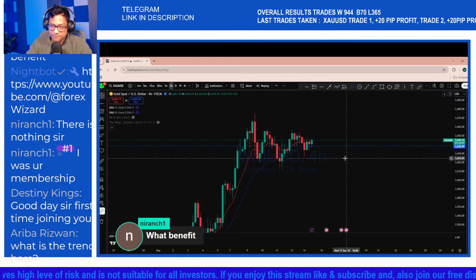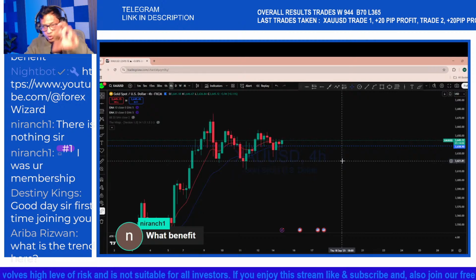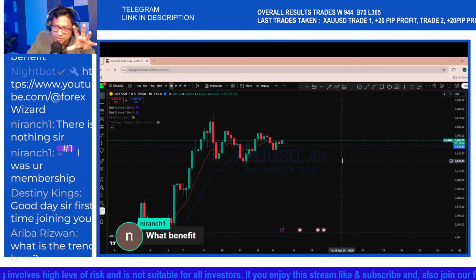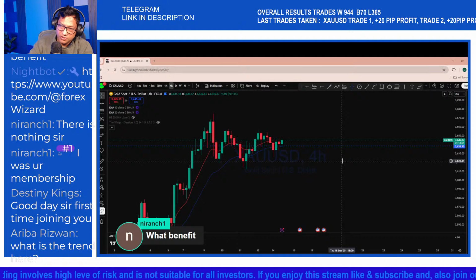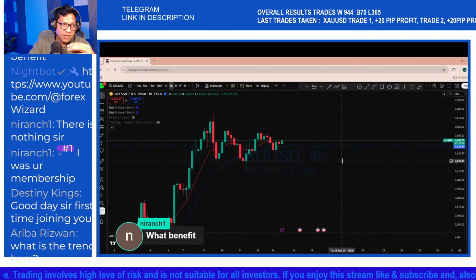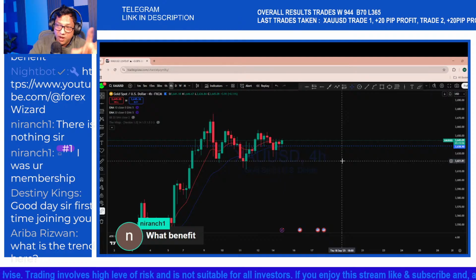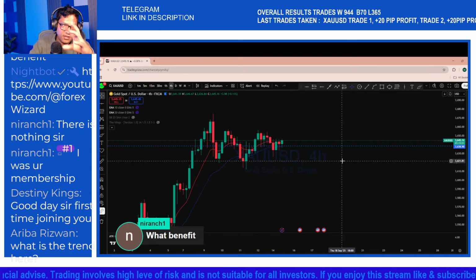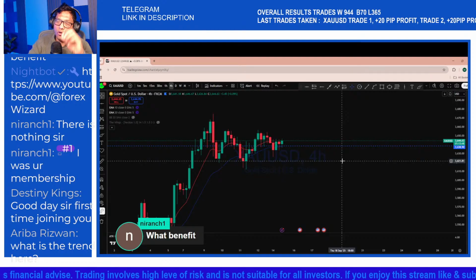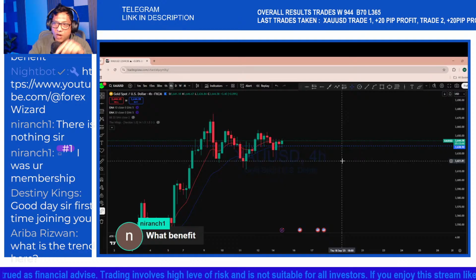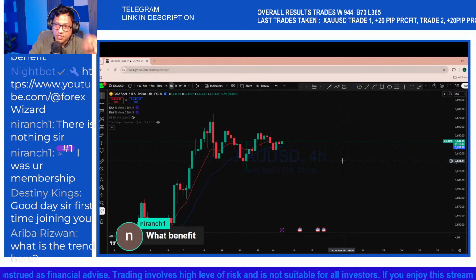Let's understand it. Always zoom out the chart and then see the market structure, because the market structure is the backbone of the market. The market structure is the GPS of the market. Liquidity is the fuel of the market. So liquidity drives the price, while market structure gives you the directional bias.